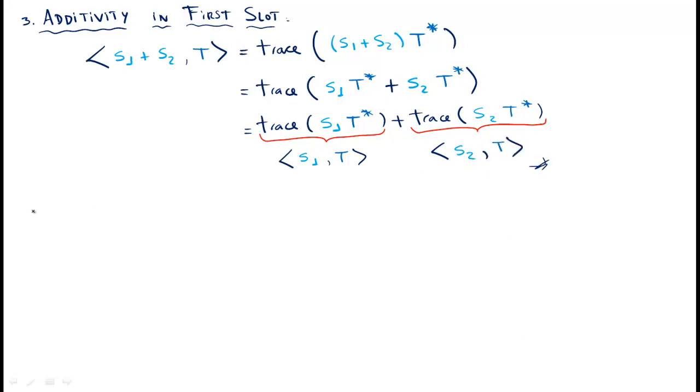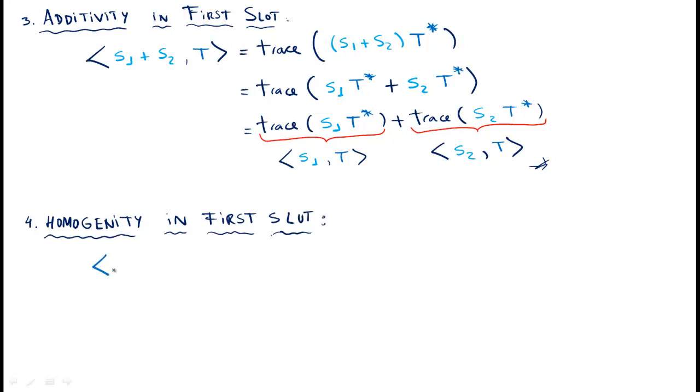The fourth property is homogeneity in the first slot. To prove this property, take the inner product of lambda times S and T. This is equal, by definition, to the trace of lambda times S times T adjoint.